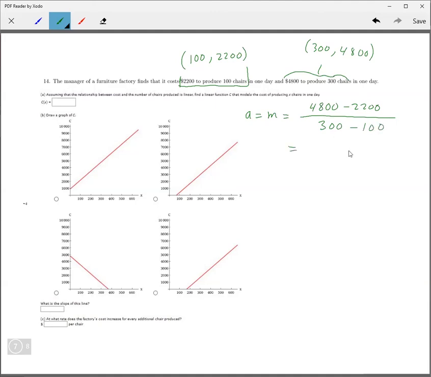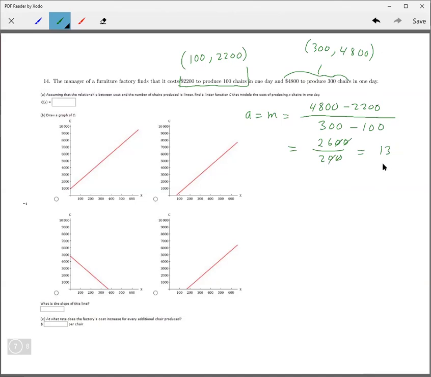So this is 4,800 minus 2,200, which is 2,600. 300 minus 100 is 200, so we got 2,600 over 200. Wait, I forgot, you're going to cancel these out.